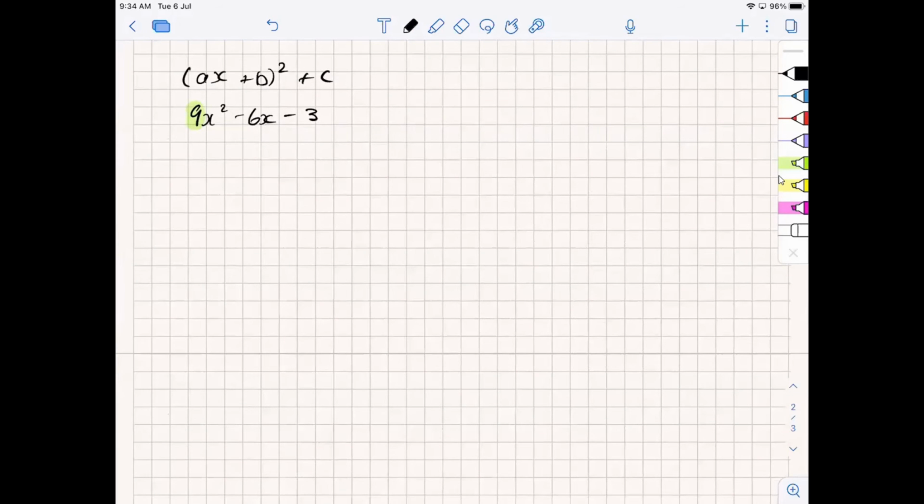So if you have a look at the expression, we have this ax plus b all in brackets squared. What's going to happen when we multiply out that middle term by a?